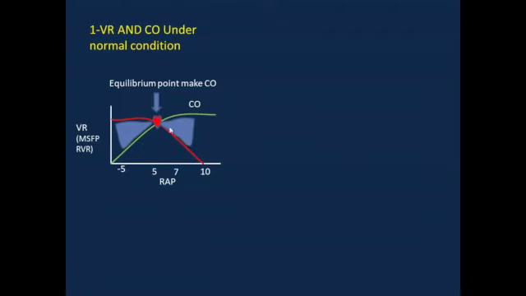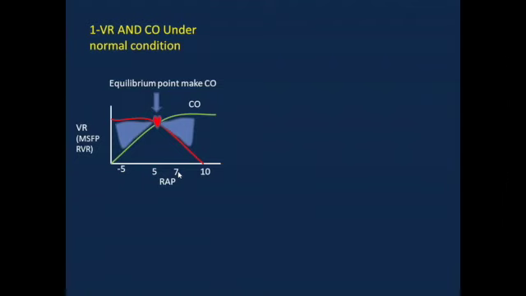So the amount received should be equal to the amount ejected in normal situation. And the amount of blood is represented as this blue triangle here. Both sides should be equal, and they have the equilibrium in the middle. In the normal pattern, the venous return curve is typically the same as the cardiac output curve.